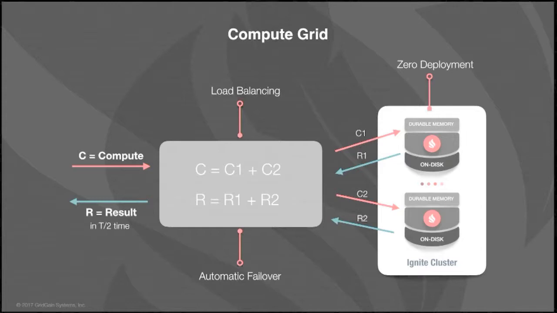Depending on the type of this computation logic, it can be just randomly distributed across a cluster of machines, as we see here. And if you apply different load balancing techniques for different calculations, then Ignite can prefer underloaded cluster nodes for new jobs rather than overloaded nodes in your cluster.